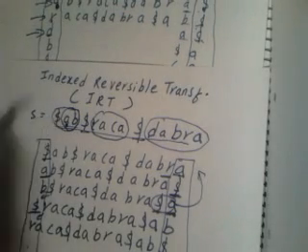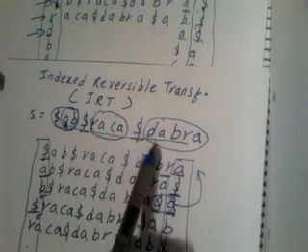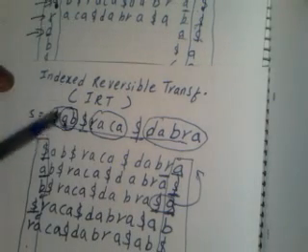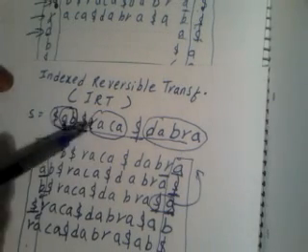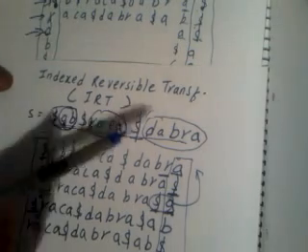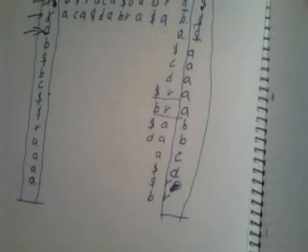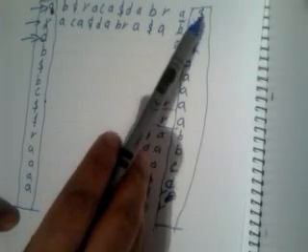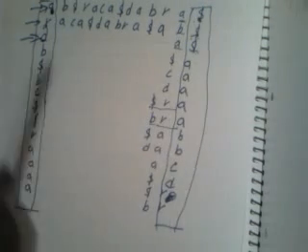If you see the original string, there are 3 words: A V, R A C, and D A B R A. This A corresponds to the first, this R to the second, and this D to the third. So IRT preserves the sequence of the words, and in the corresponding last column, this is the end of the first word, this for the second, and this for the third word.